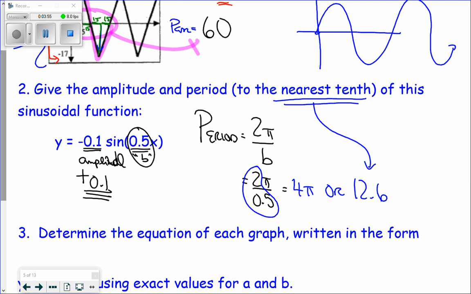So in other words, that wave, from start to finish, took 12.6 units. And then the amplitude would be how far up it went and how far down it went. That's the 0.1.